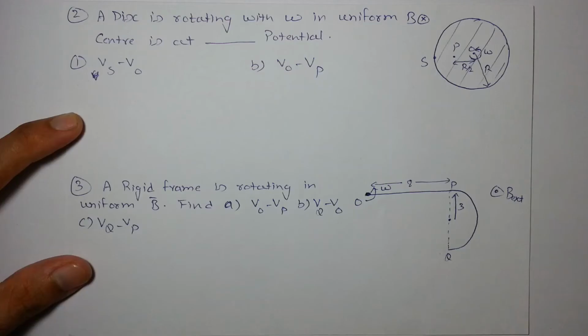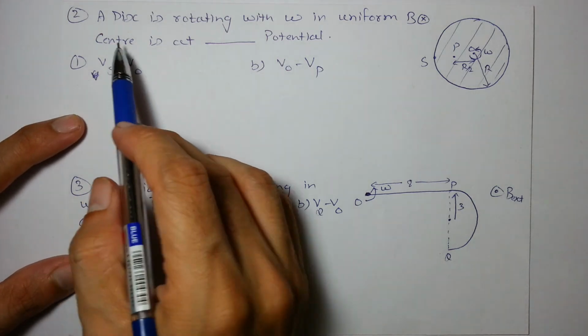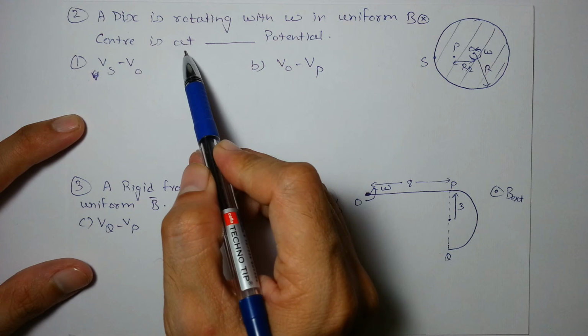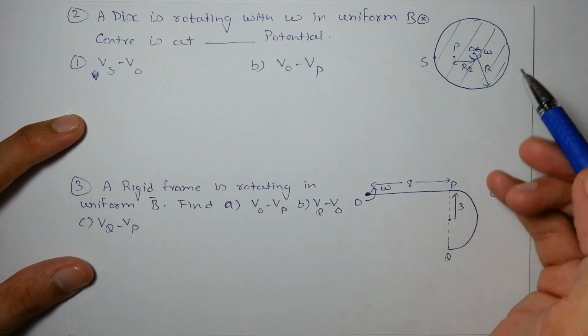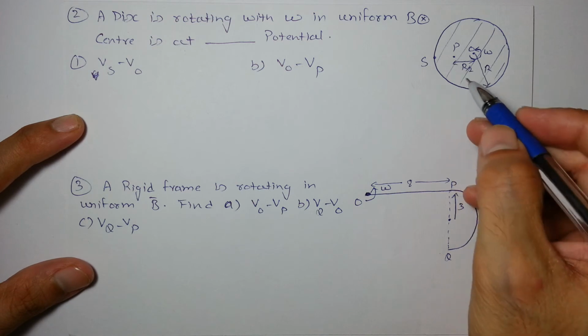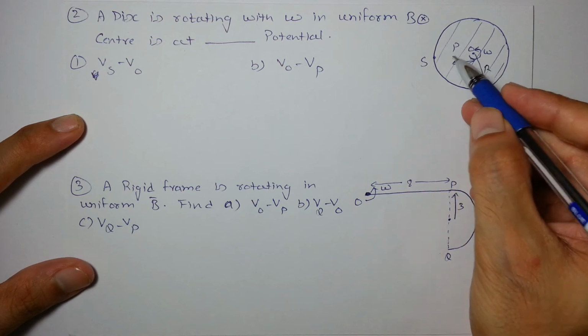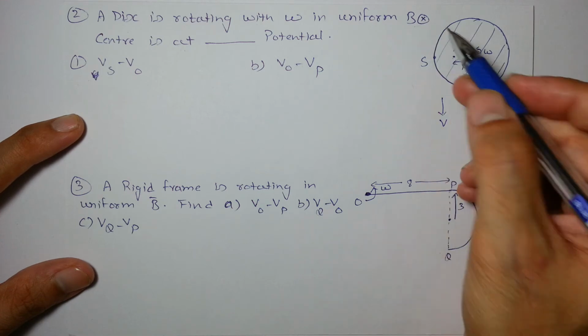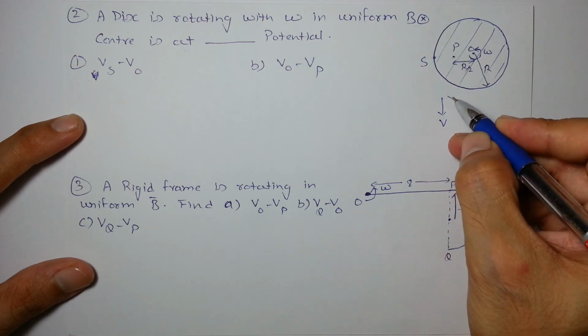In the next question, there is a disk rotating with angular velocity omega in a uniform magnetic field. First of all, specify whether the center is at highest or lowest potential. Let's take the velocity of any general point. Let P have a velocity in this direction, and the magnetic field is into the plane of the paper.